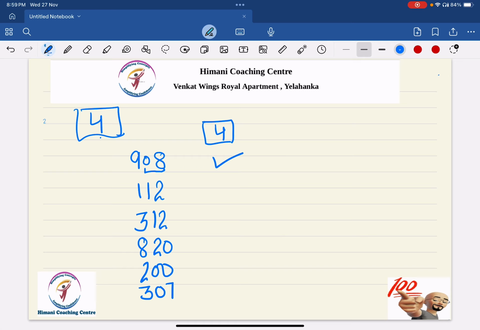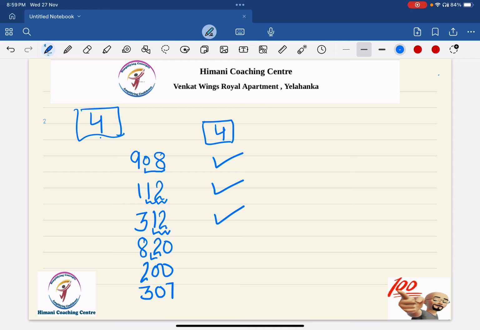Now let us look at the second number, which is 112. What are the last two digits? 12. Does 12 come in the table of 4? Or we can also say, is 12 a multiple of 4? We will say yes. So 112 is also divisible by 4. Look at the next number, 312. Again, the last two digits are 12, which is a multiple of 4, so it is divisible by 4.